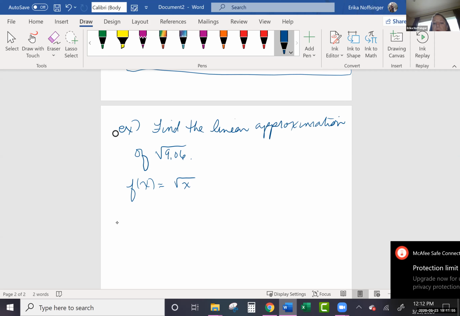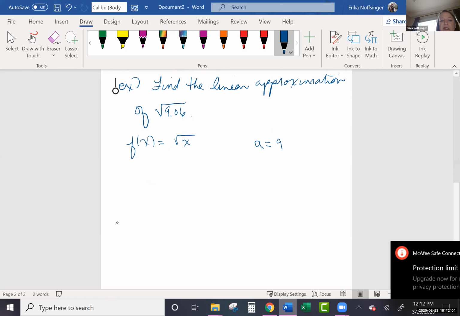So here we're going to choose a to equal 9. By that formula, the linear approximation is f of a plus the derivative f prime of a, all times x minus a.